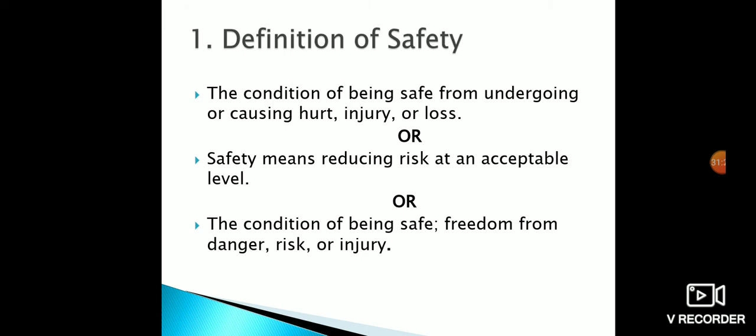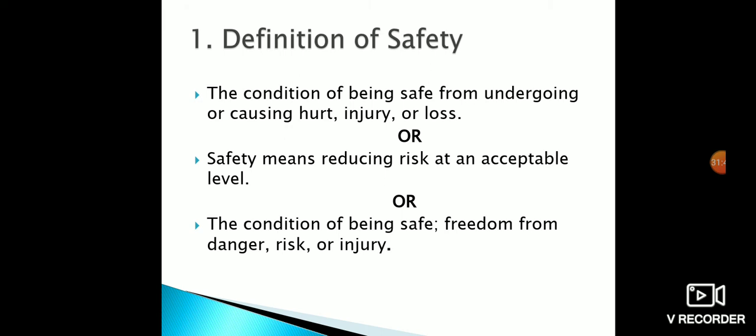They wanted to work in a safe environment, at a reduced-risk place. So the condition of being safe, freedom from danger, risk, injury, hurt or loss, is called a safe environment.